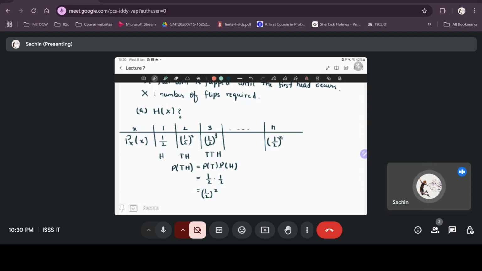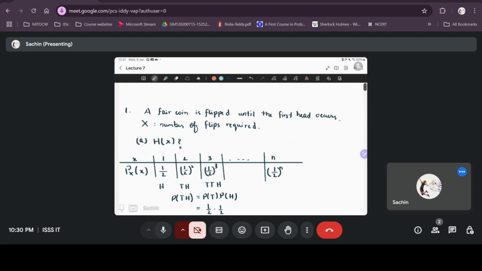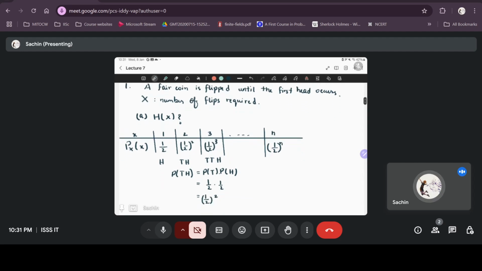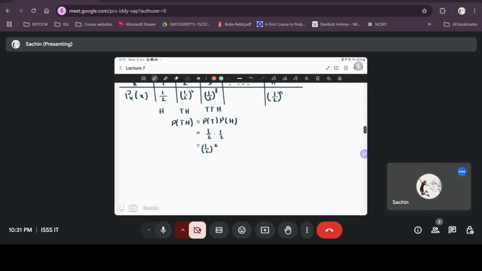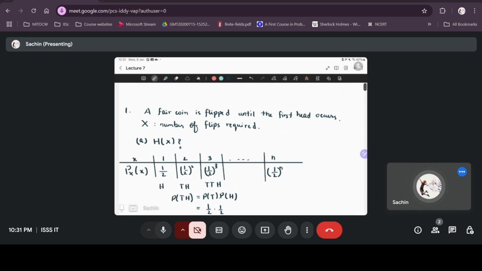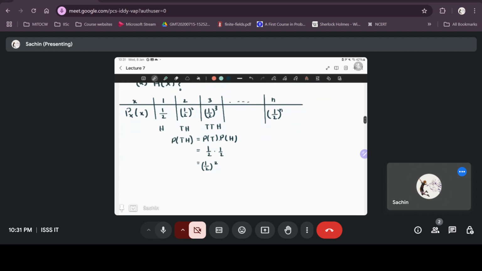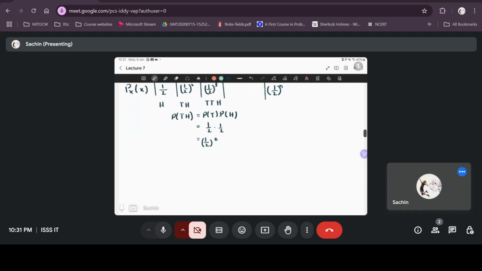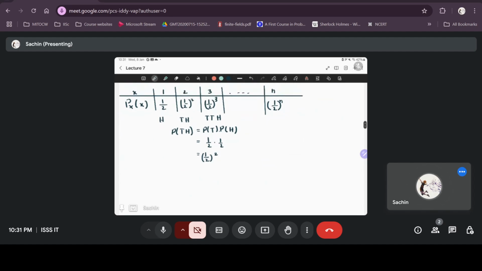So the first n minus 1 tosses are tails, and the nth toss is a head. But for this question, since it's a fair coin and the tosses are independent, that's what you are assuming, the probability is just half power n.